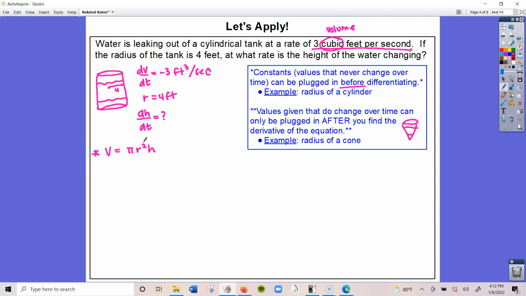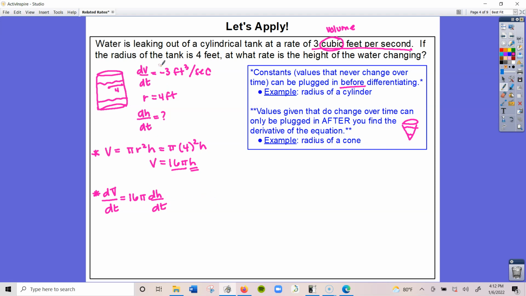So I'm going to go ahead and plug in my radius now. This is going to be pi times 4 squared times h, which is equal to 16 pi h. This is my equation for the volume of this particular cylinder. Now I'm going to find dV/dt, which, since this is a coefficient to h, is going to be 16 pi, and then the derivative of h is dH/dt.